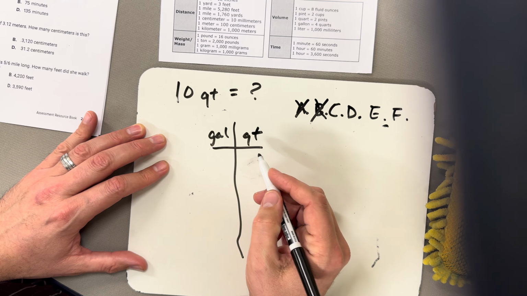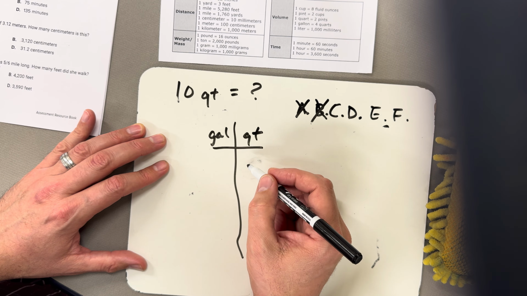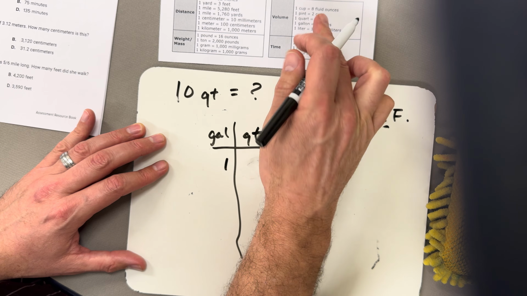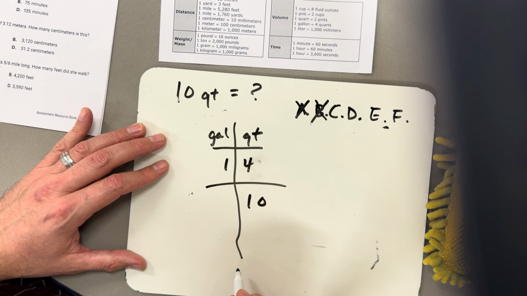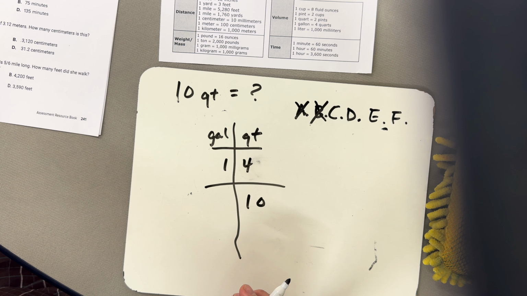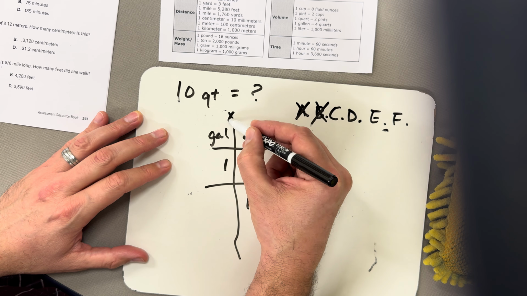It's the end of the day here. So let's see, 1 gallon equals 4 quarts. So that means if I have 10 quarts, I don't think we're going to do this to you on the real test. But let's see, so this is times 4.